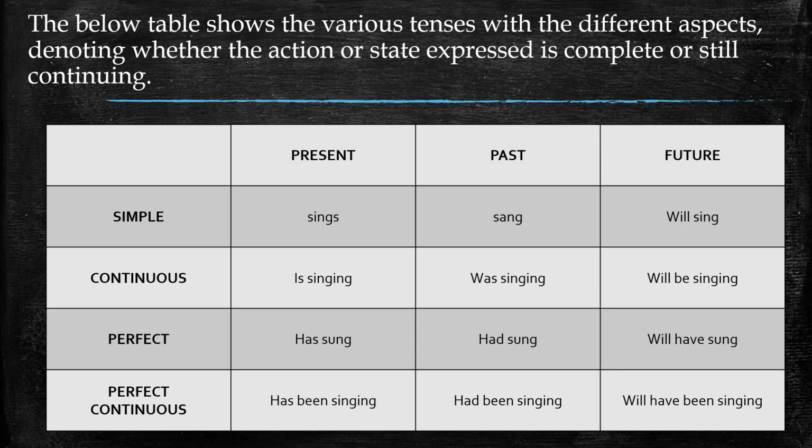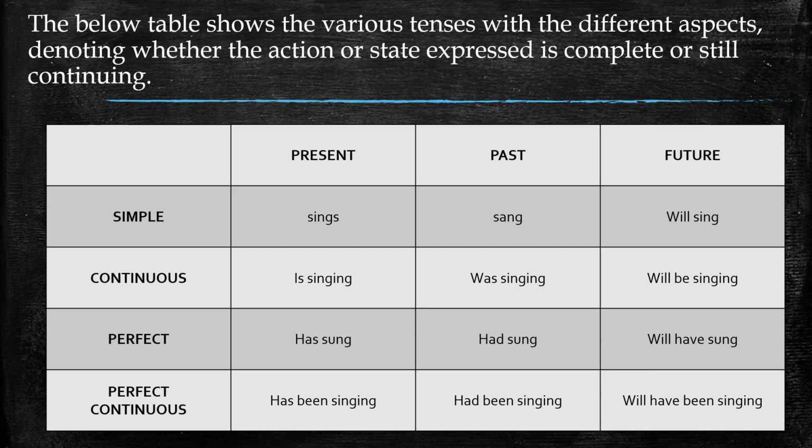So simple present sings will turn to sang in past and will sing in future. Likewise, for present continuous, it will be is singing, past continuous was singing, future continuous will be singing.